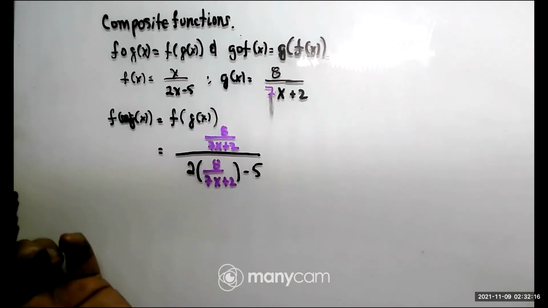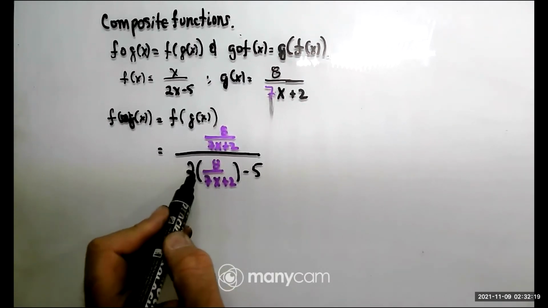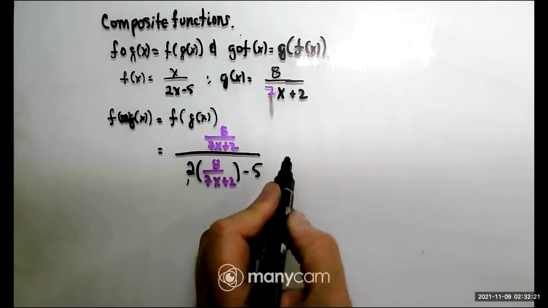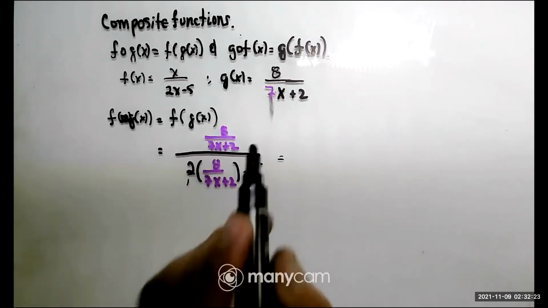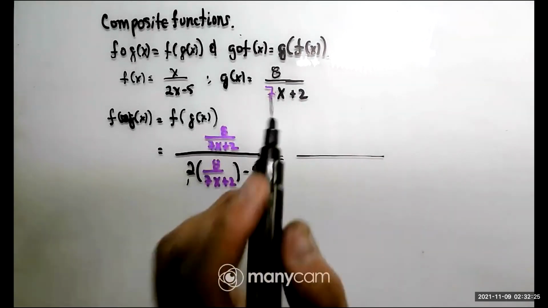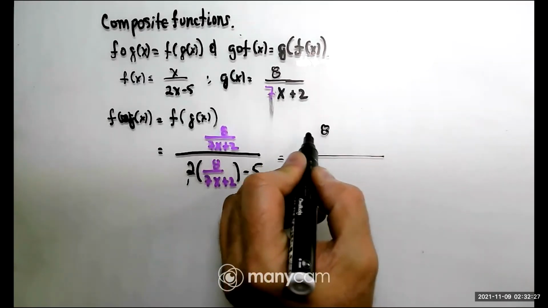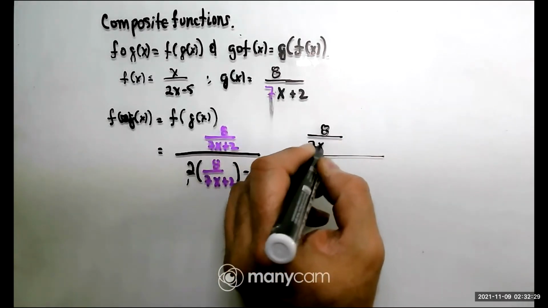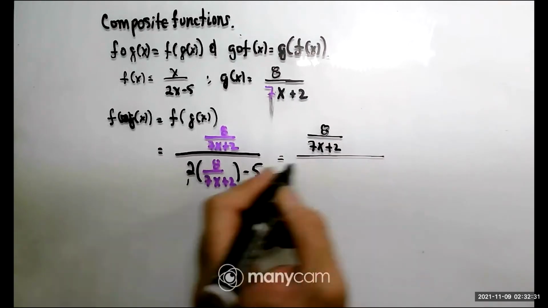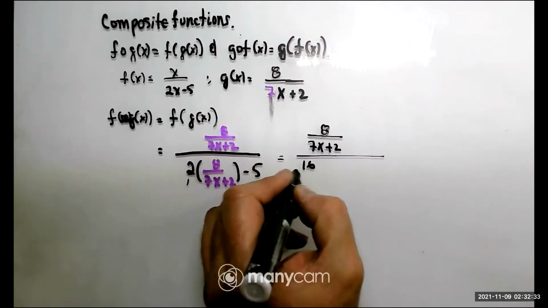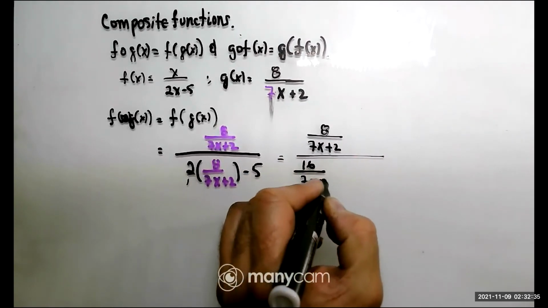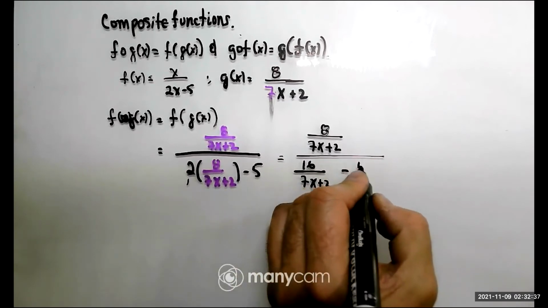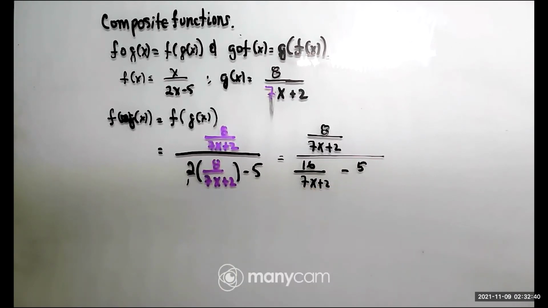Again, we have a complex fraction. However, I recommend to multiply, this is over 1, so I multiply just to keep it simple. So it will be 8 over 7x plus 2, over 2 times 8, that's 16 over 7x plus 2, minus 5. Again, how do I simplify a complex fraction?